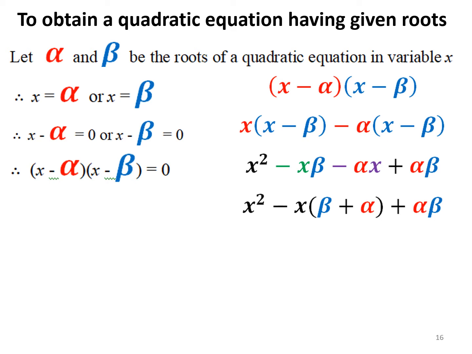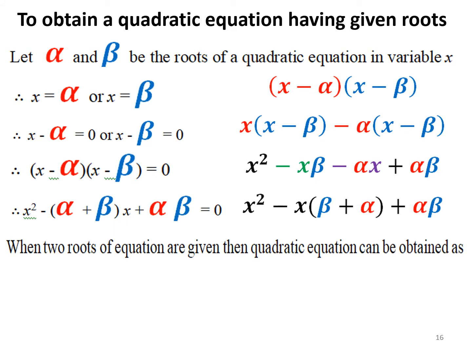Inside the bracket, I will get beta plus alpha, bracket close, plus alpha beta. So my answer is x square minus (alpha plus beta) x, plus alpha beta is equal to 0.